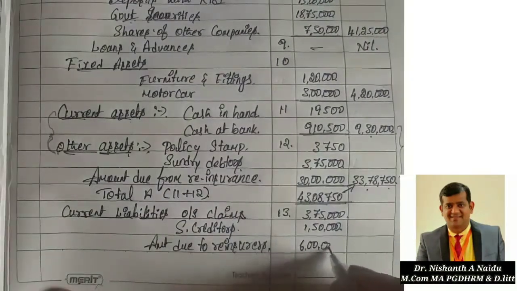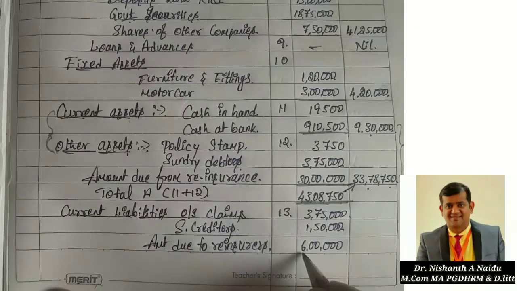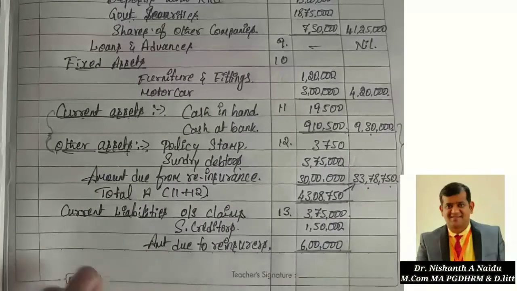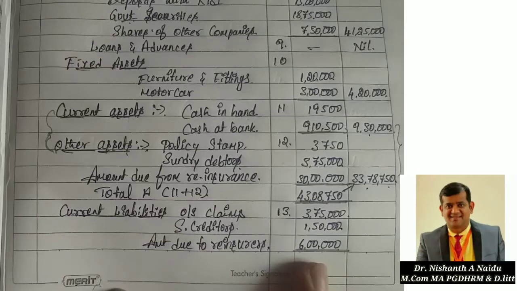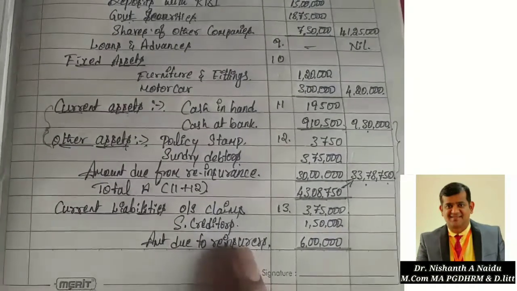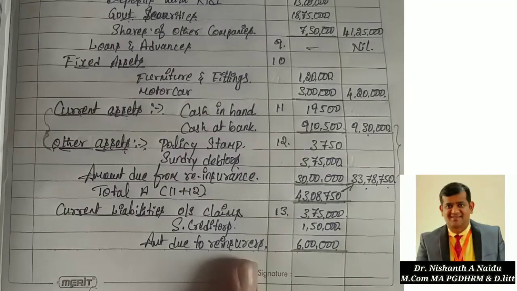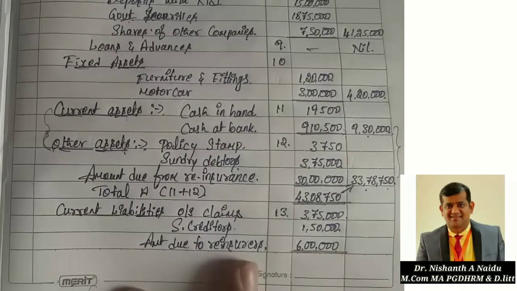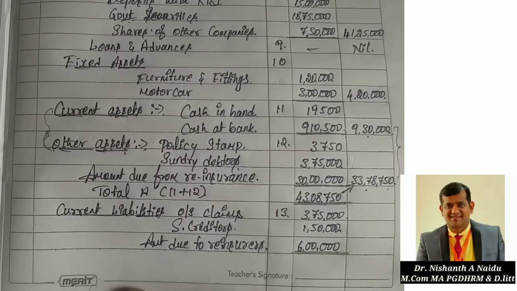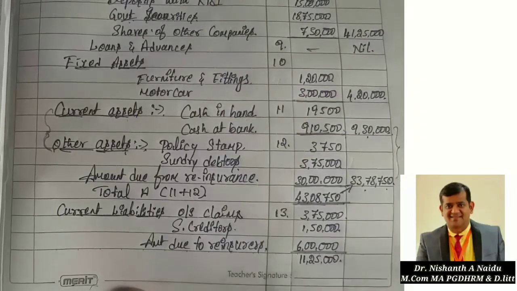Total these three now: 3,75,000, 1,50,000 plus 6 lakh comes to 11,25,000. Let me reconfirm with the calculator: that is 11,25,000.